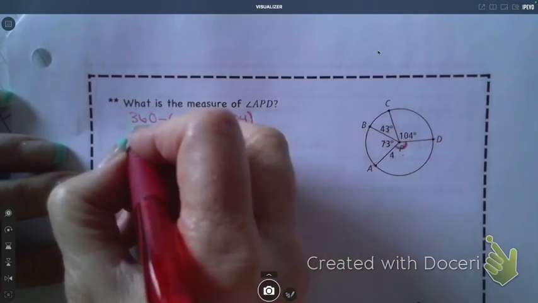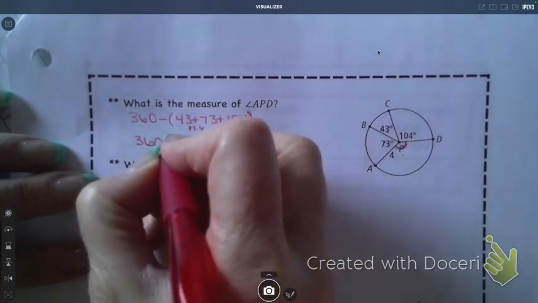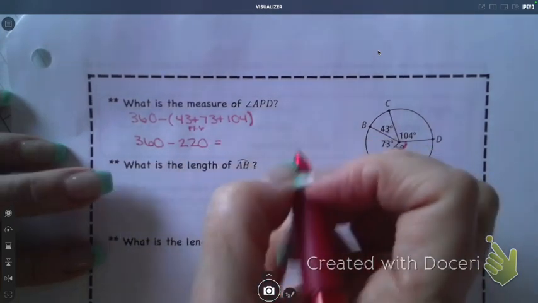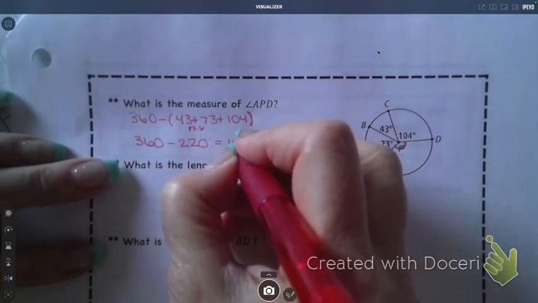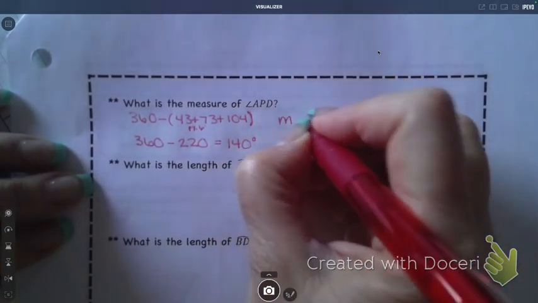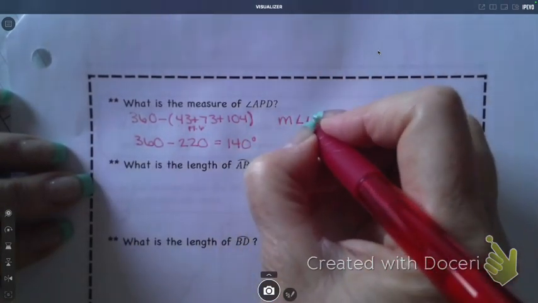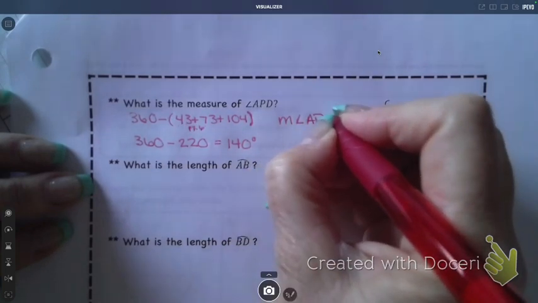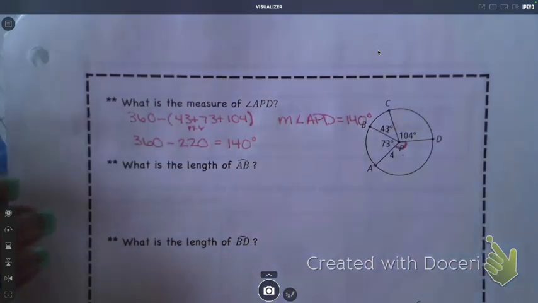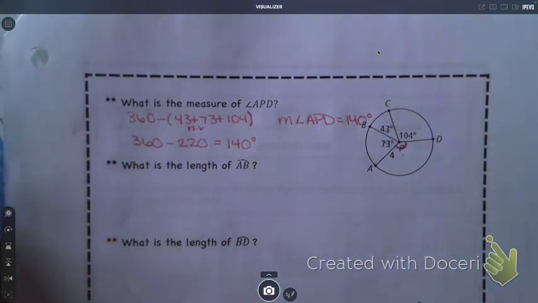So 360 minus 220 is 140. So the measure of angle APD is 140 degrees. That had nothing to do with what we did on the front page, did it? Did it have everything to do with stuff you already knew?